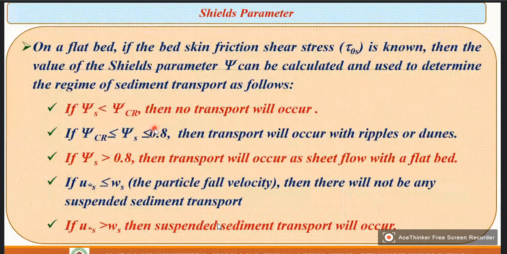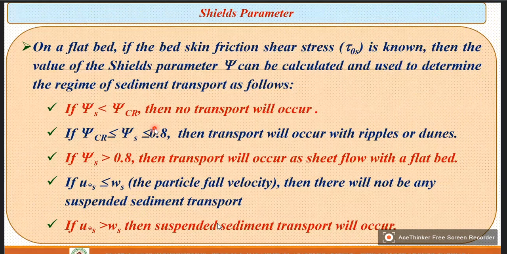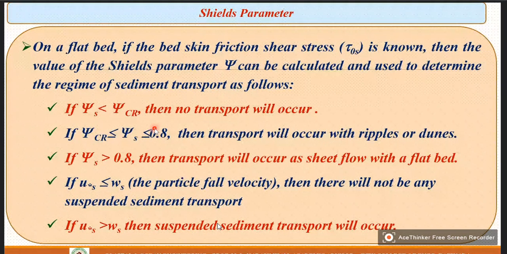On a flat bed, if the bed friction shear stress tau naught is known, then the value of Shields parameter psi can be calculated and used to determine the regime of the sediment transport as follows.